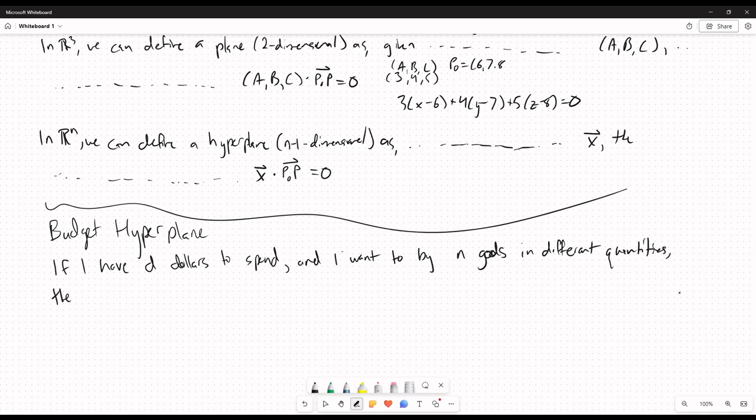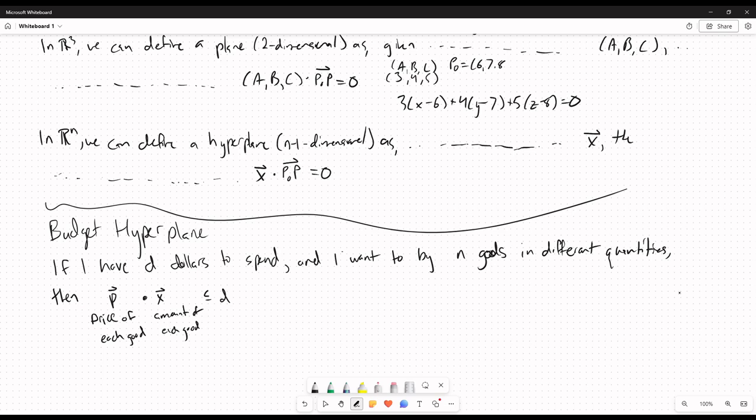Then, if I take a vector giving me the price of each good, and dot it with the amount of each good that I want to buy, as long as that dot product is less than the amount of dollars I have to spend, I'm able to buy those goods.